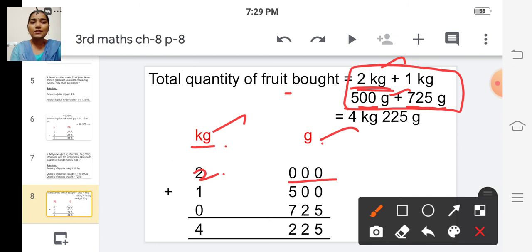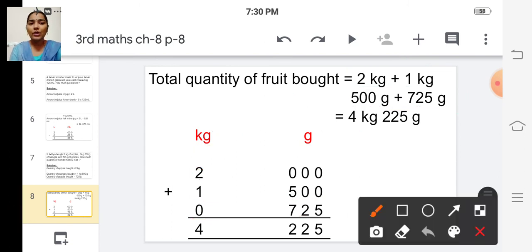What is the quantity of oranges? It is 1 kilogram and 500 gram. So write 1 below the unit kilogram and write 500 below the unit gram. And the third one is the quantity of grapes. It is 725 gram. So write 0 in kilogram and write 725 below gram.